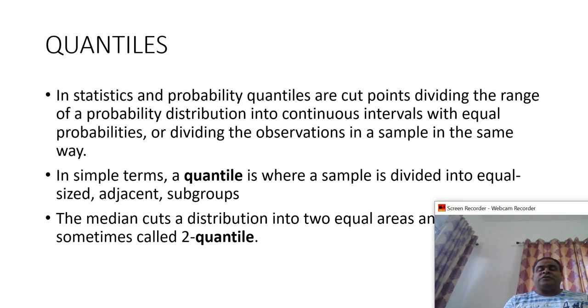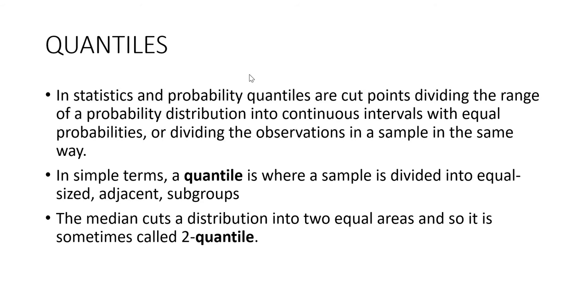In simple terms, a quantile is where a sample is divided into equal sized adjacent subgroups. For example, the median cuts a distribution into two equal areas, and so it is sometimes called two quantile.